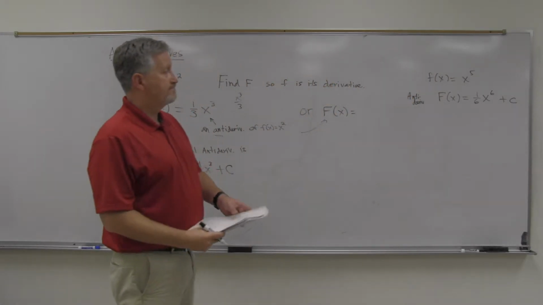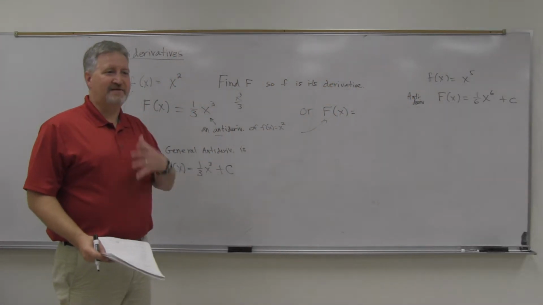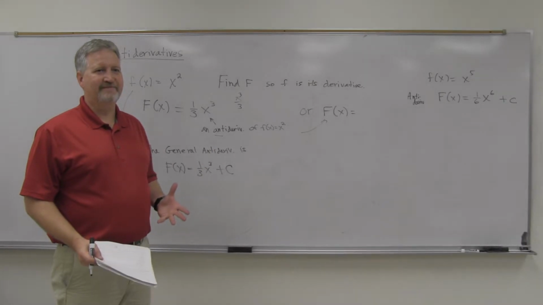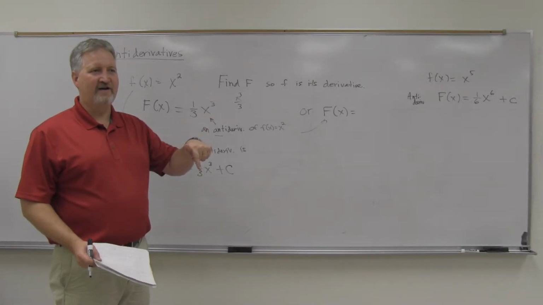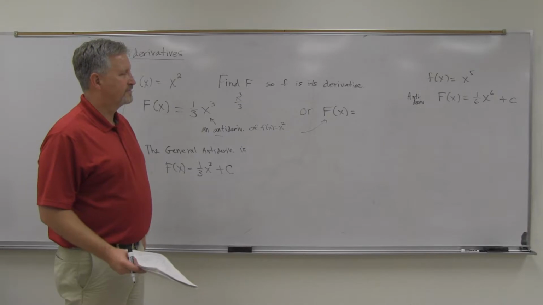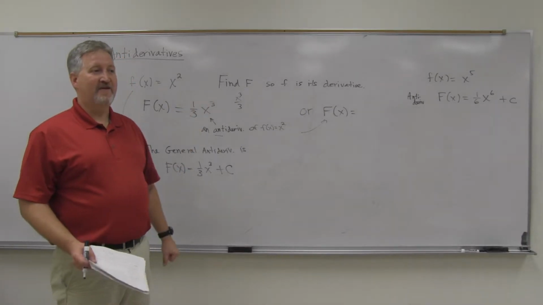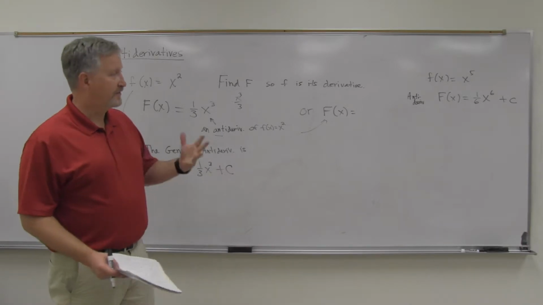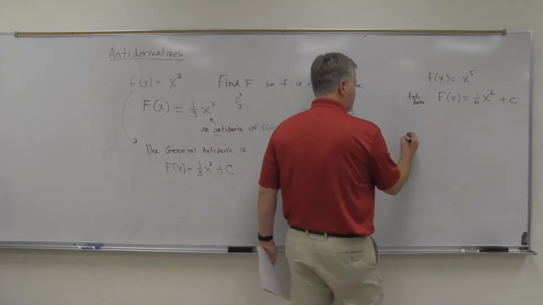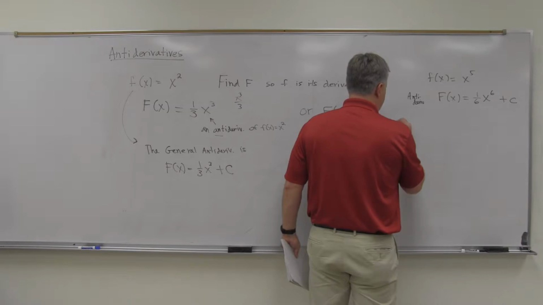So it's the opposite all around, so to speak. Add 1 and then divide by the new power, and that'll get you the antiderivative. So in general, here's how the power rule for antiderivatives works.